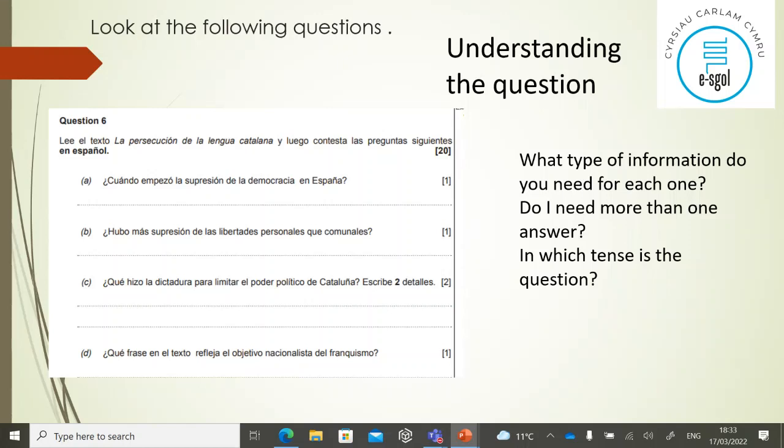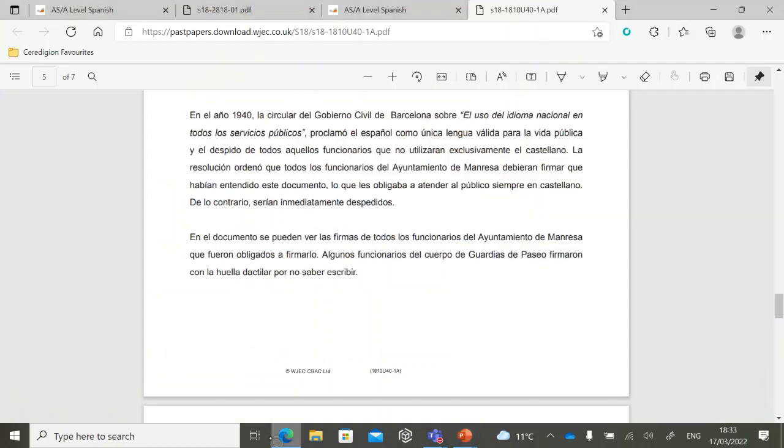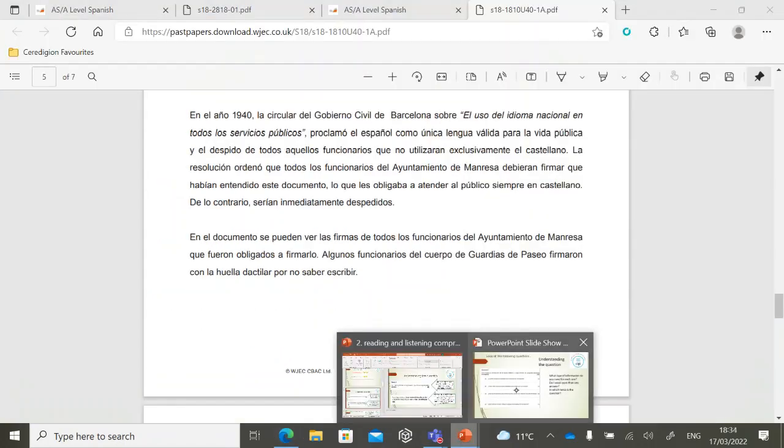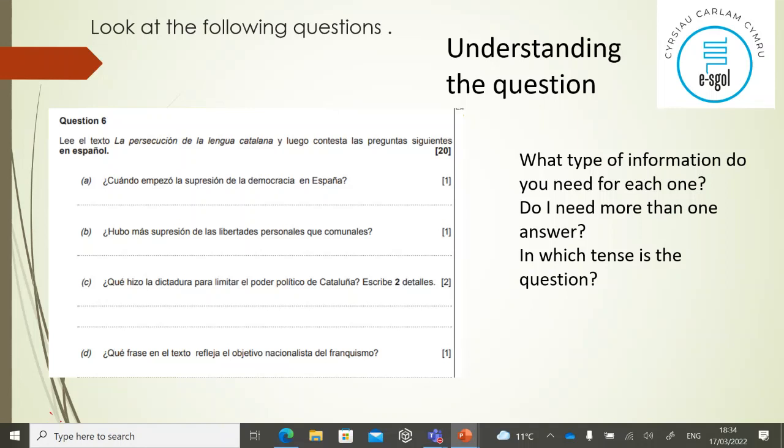So we look now at the questions for the text. The first one is, ¿cuándo empezó la supresión de la democracia española? ¿Cuándo is the key word for us. Do you remember what it means?